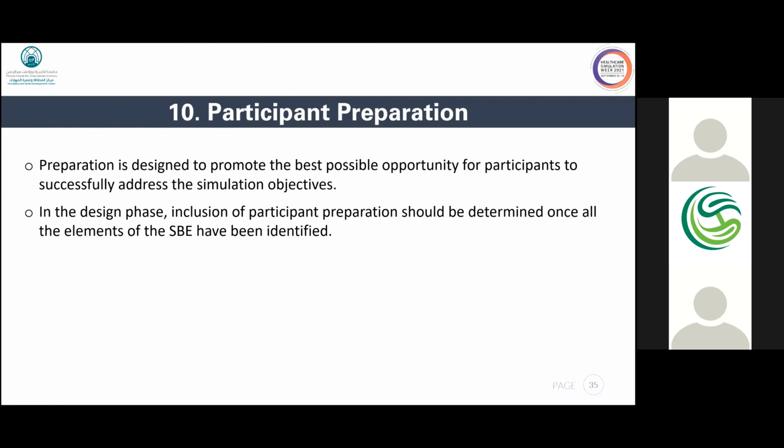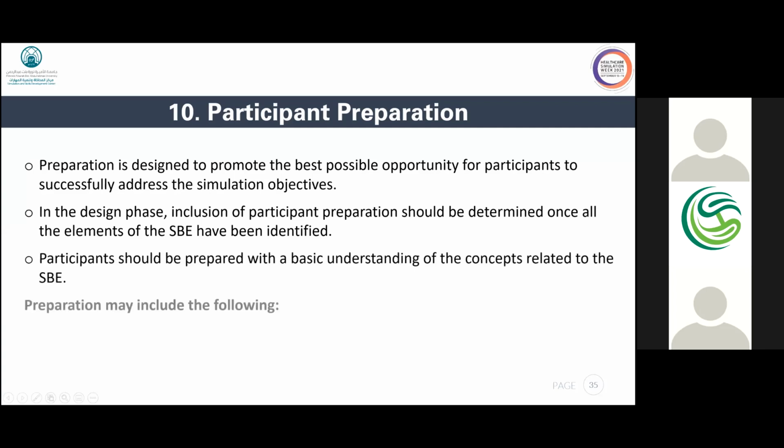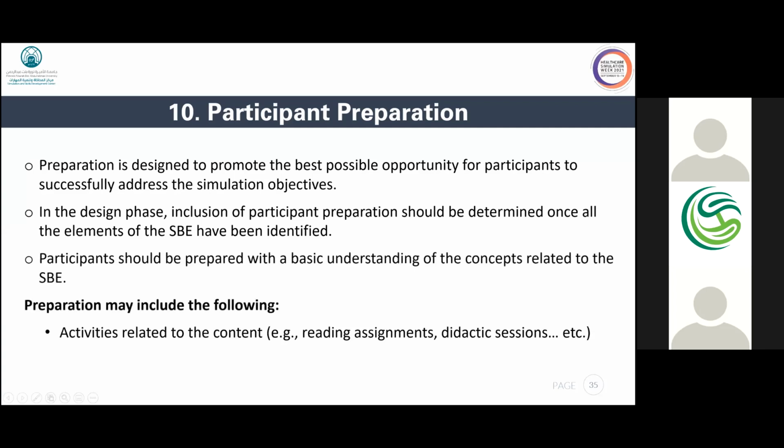Simulation scenarios mostly focus on psychomotor skills, and we also focus on the application of knowledge. So you can add reading assignments, sessions, lectures, a code of conduct, and the confidentiality and expectations. Those are all recommended to be given to the participants prior to the simulation event.